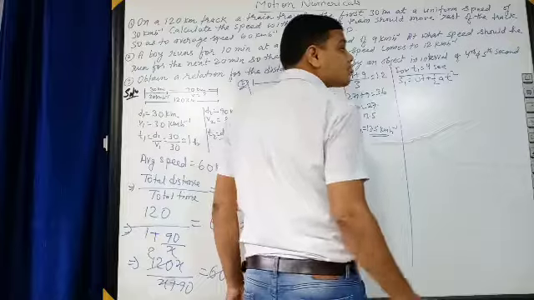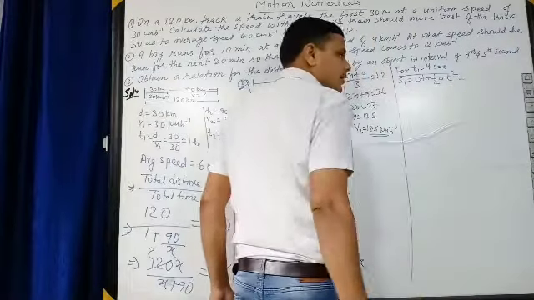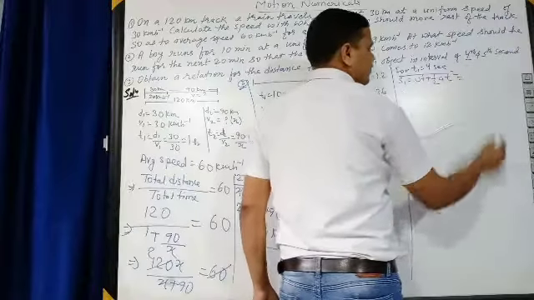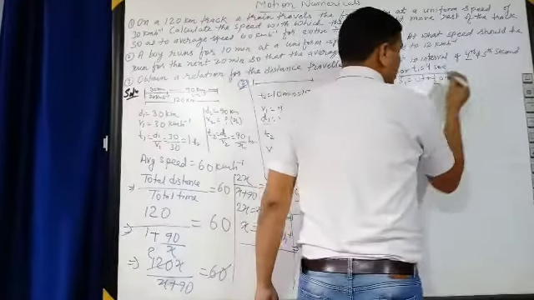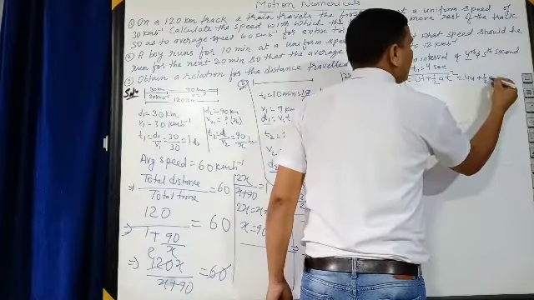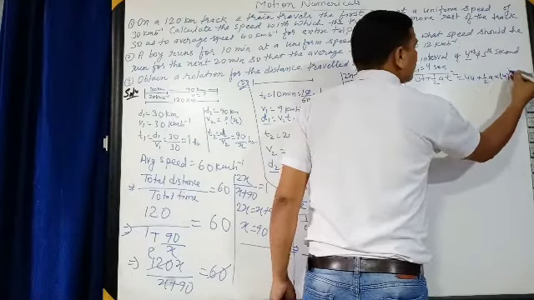Here u, and time will be 4. So 4u plus half a times 4 whole square.